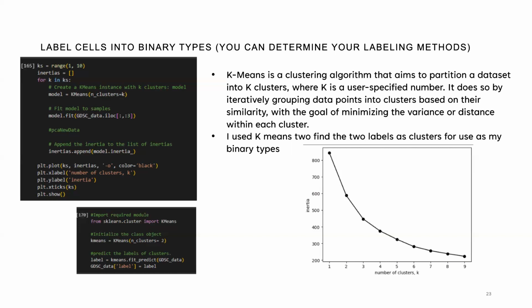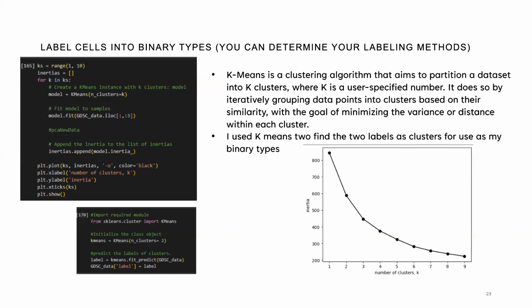But I decided to do an inertia plot. In summary, inertia is a measure used to assess the quality of k-means clustering solutions by quantifying the compactness of clusters. It's helpful for selecting the optimal number of clusters and evaluating the effectiveness of the algorithm. This plot shows the inertia score on the left and the number of clusters on the x-axis.